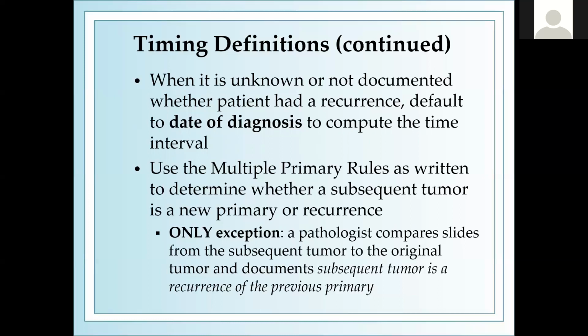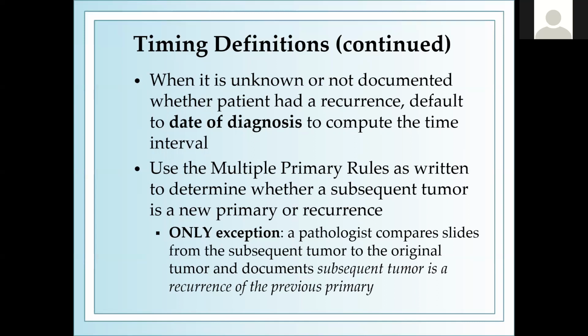We must use the multiple primary rules as written to determine whether a subsequent tumor is a new primary or recurrence, with one exception. Whenever you're abstracting a case that's dealing with multiple tumors, you always need to pull out the multiple primary rules, except for one exception.